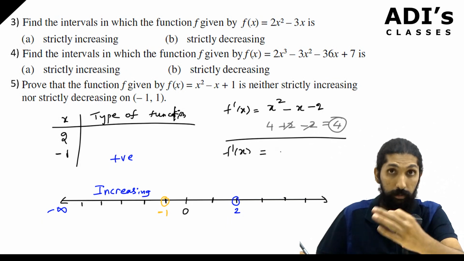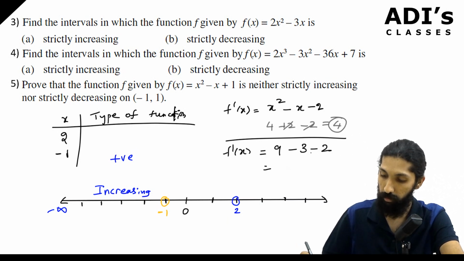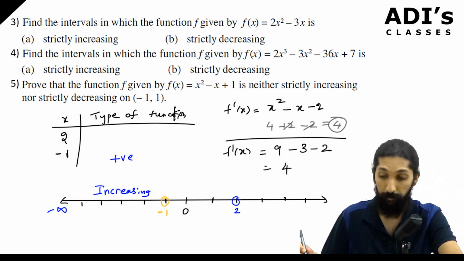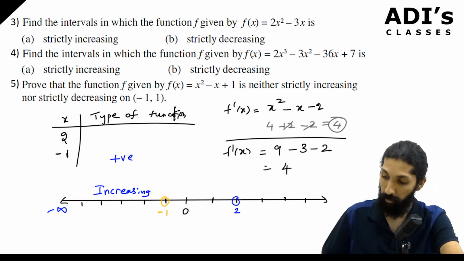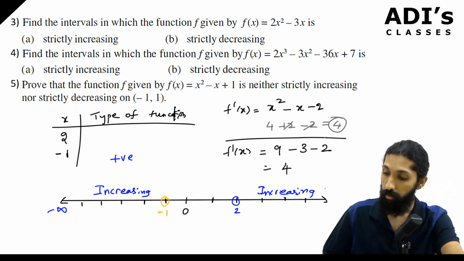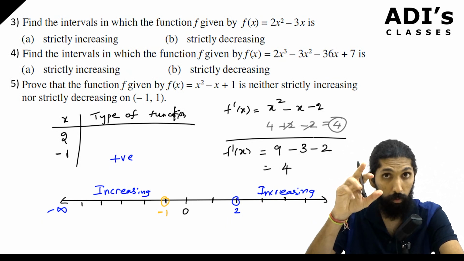Now, decreasing function. A decreasing function means you have x1 less than x2, so you have a smaller value, whereas f of x1 is greater than or equal to f of x2. Like in our example, that parabola we took, no?